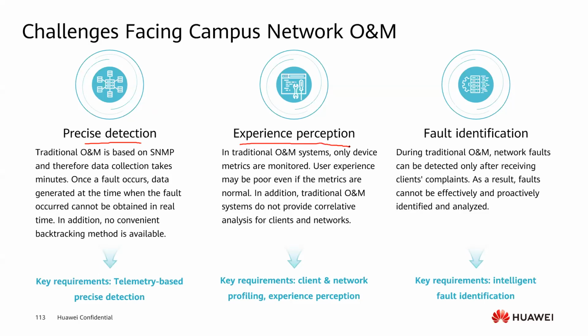And you can get changes in the experience perception. You need to know what the experience of the users is, and you need to identify the user's experience in advance to optimize the network in advance and improve the experience for the users.